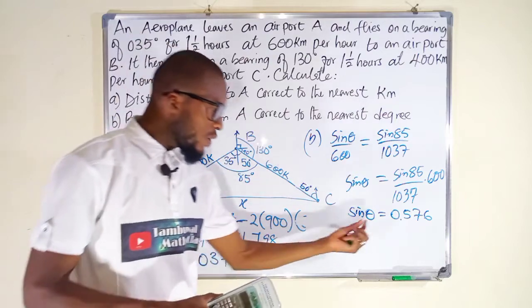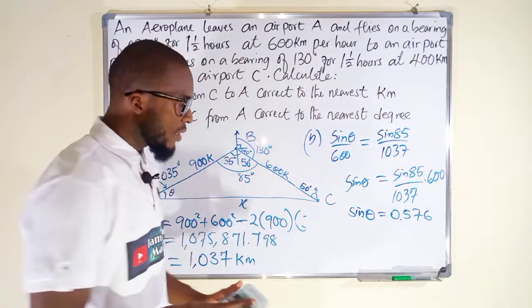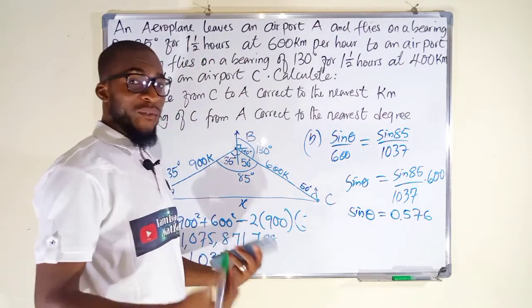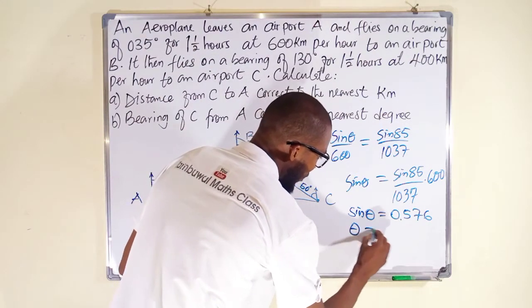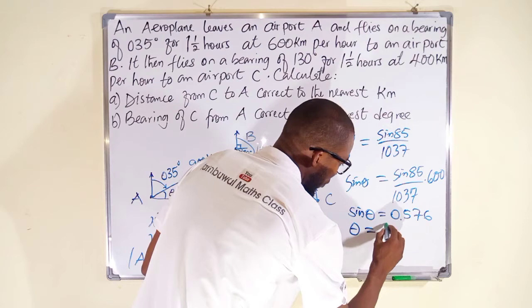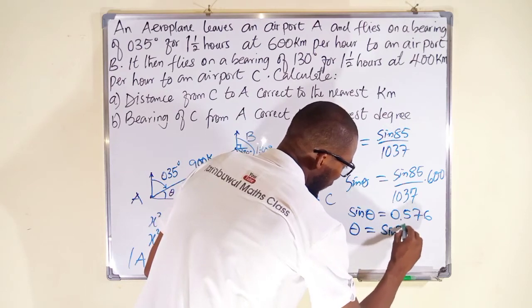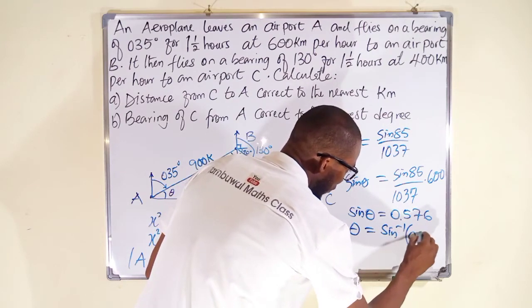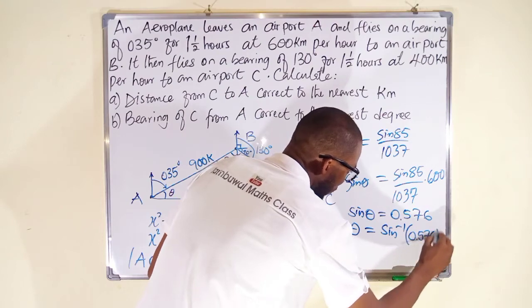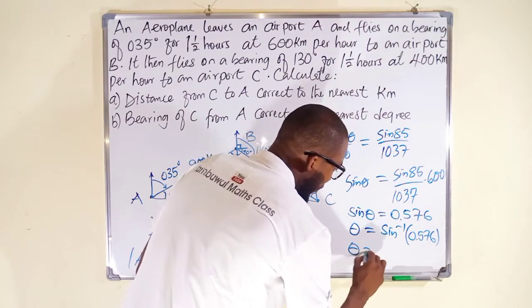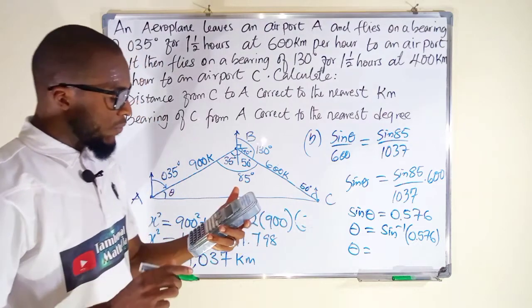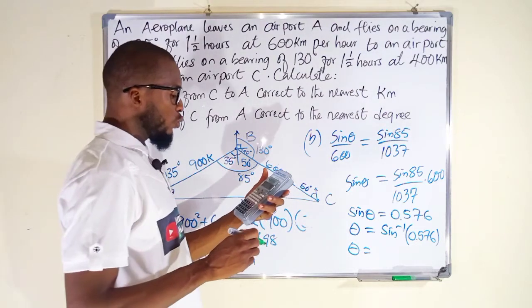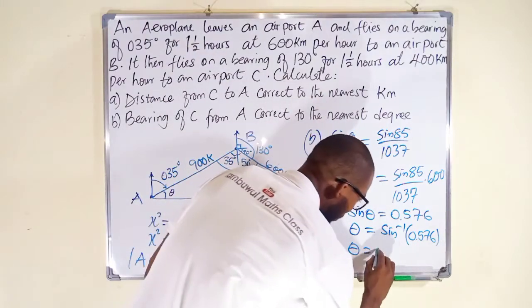But what we are looking for is that angle theta, not sine theta. So we can take sine inverse of both sides. Taking the sine inverse of this, we'll be left with theta. Theta will be equal to sine inverse of 0.576. And finally, we take the sine inverse, and we have theta approximately equal to 35 degrees.